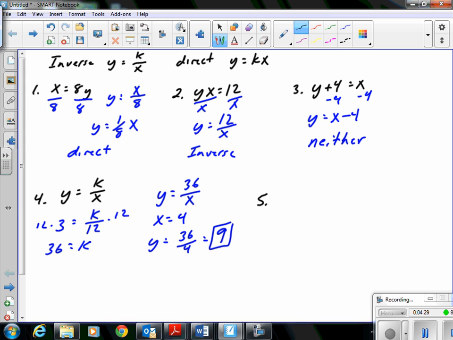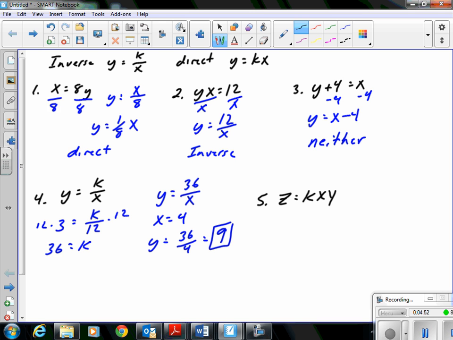All right, number 5 tells us that z varies jointly with x and y. So that would be an equation in the form of z equals kxy, the joint variation. Then we want to use the given value to determine the value for z when x equals 3 and y equals 6.